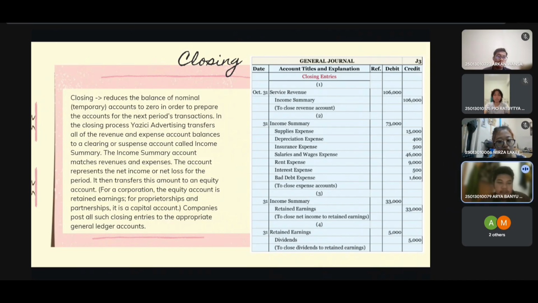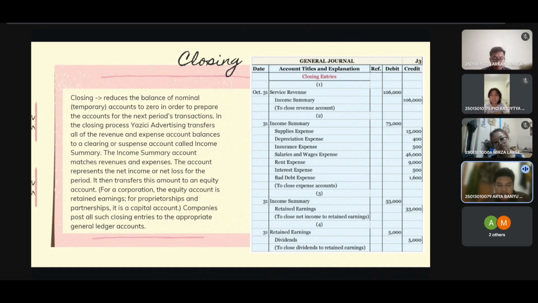Okay, we are going to talk about closing. Closing is about reducing the balance of temporary accounts like revenue and expense to zero in order to prepare the accounts for the next period.